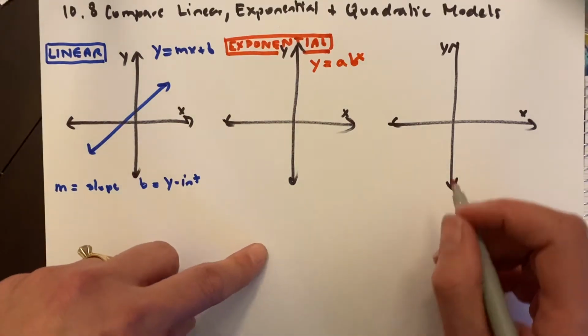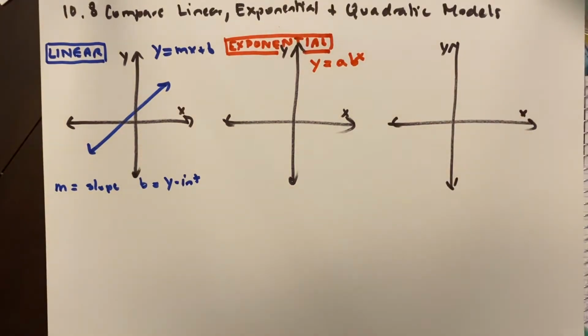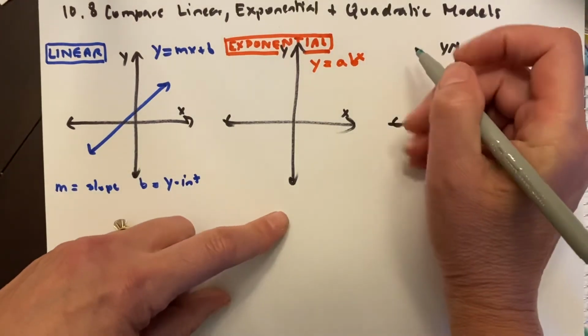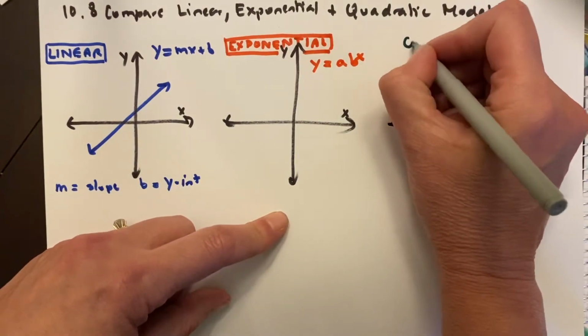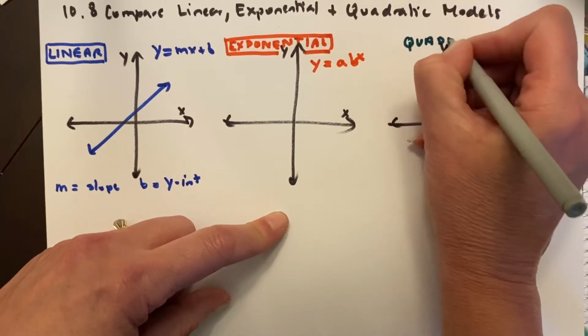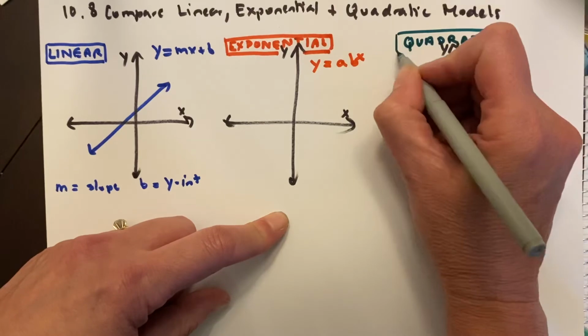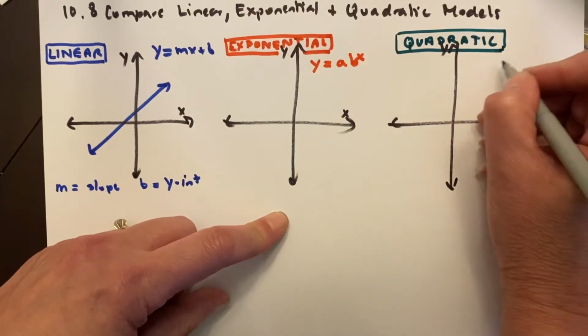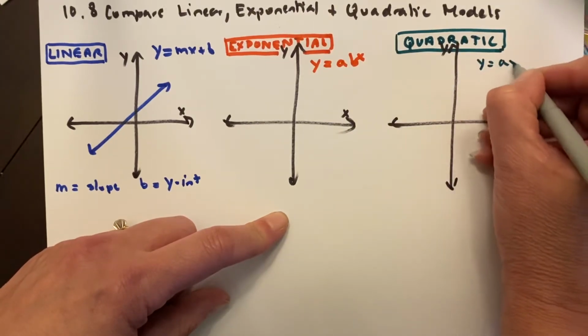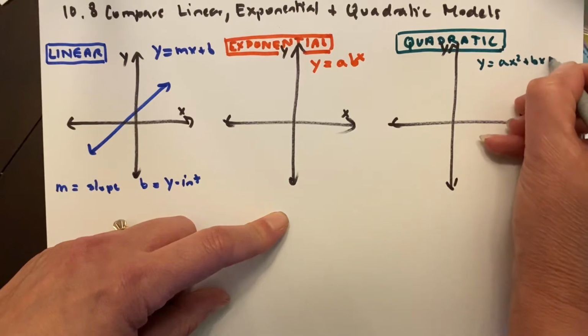And the third is the one that we just did, and actually not this chapter, chapters 9 and 10, is the quadratic. And that one has the form y equals ax squared plus bx plus c.